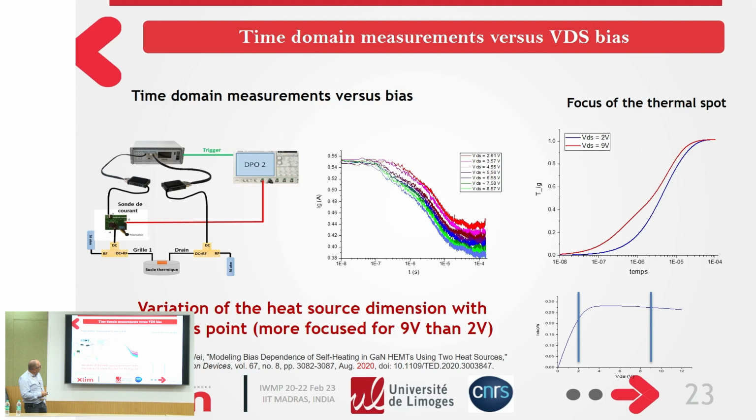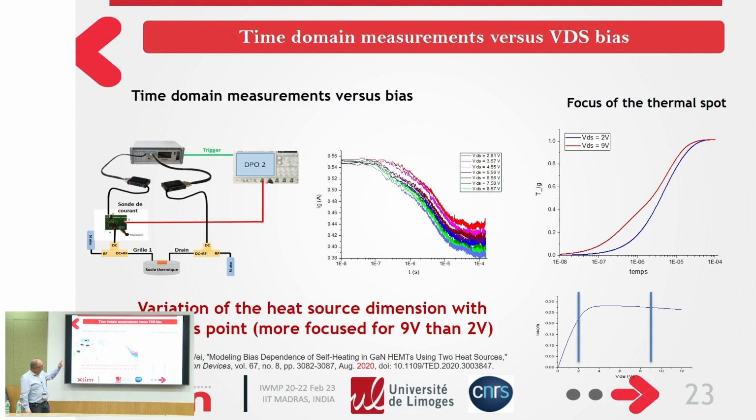Last thing that I want to show you is the transient measurement. So we perform measurement for several VDS and we measure the time domain variation of the gate current for 2.6 volts up to 9 volts.